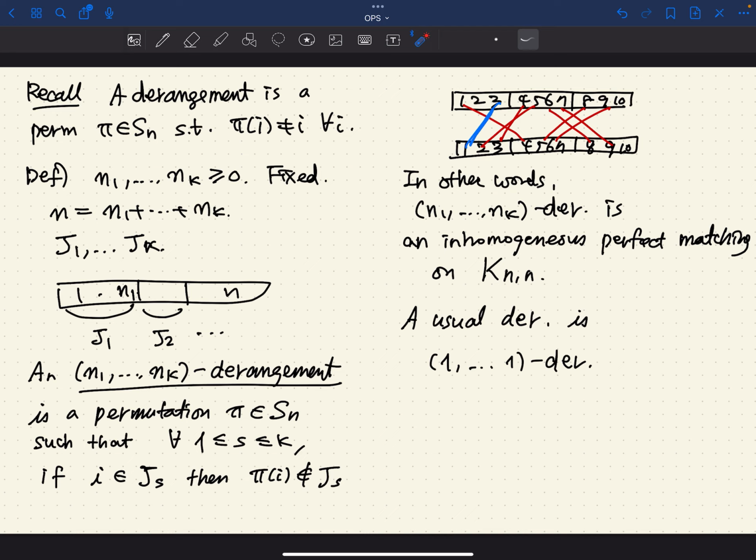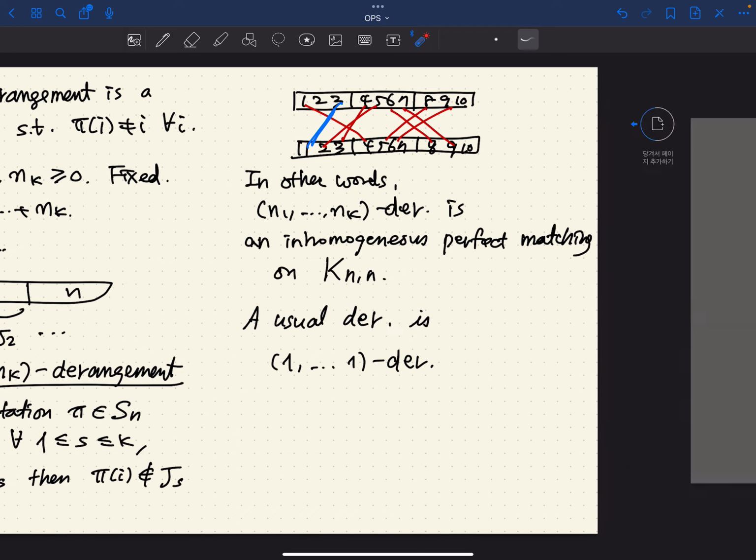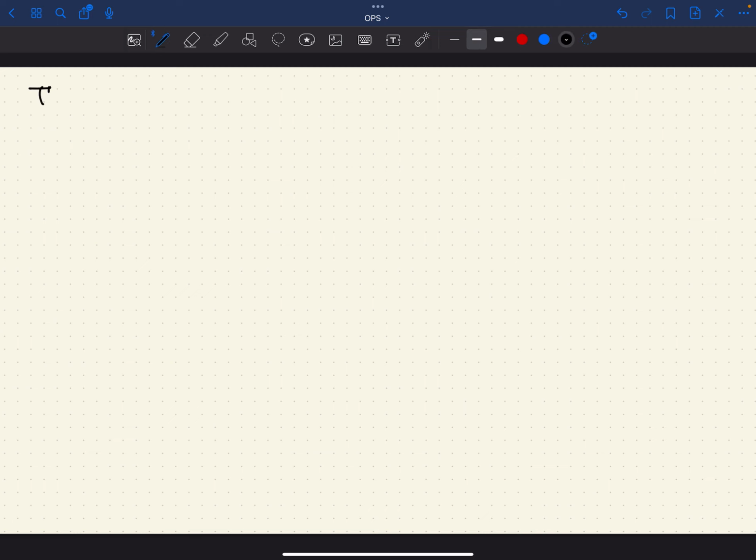Okay, now we are ready to state the theorem. The linearization coefficient is just the number of derangements.